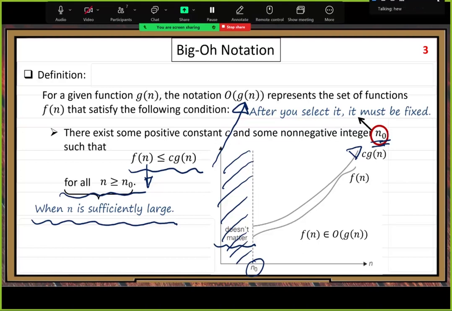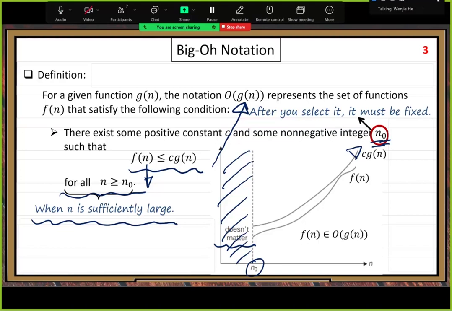Cover it or not, it's not important. Only after that vertical line it's important. C times g function must completely cover f function. That's the meaning.